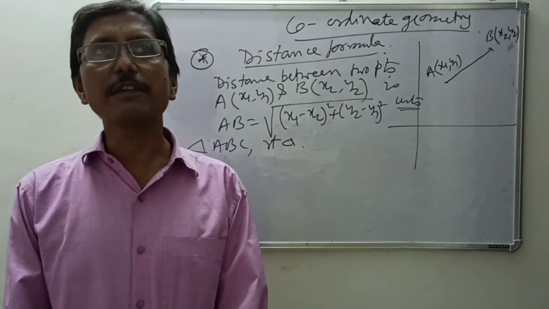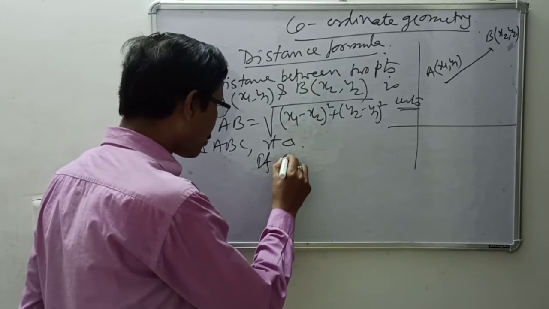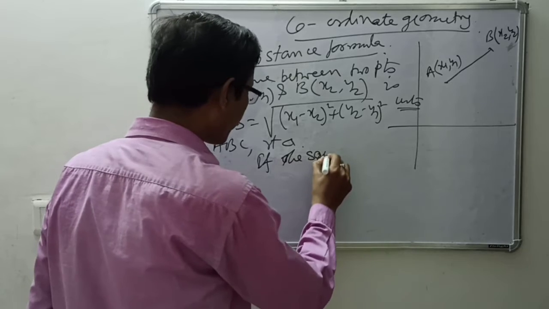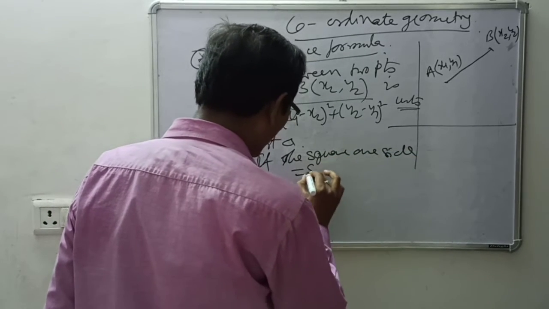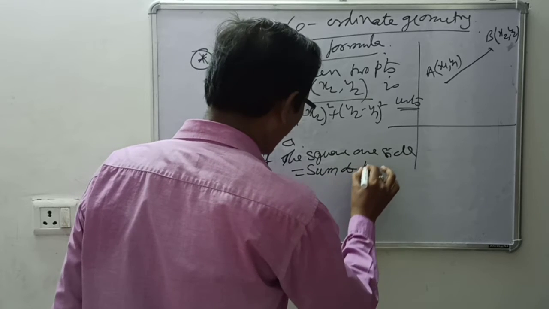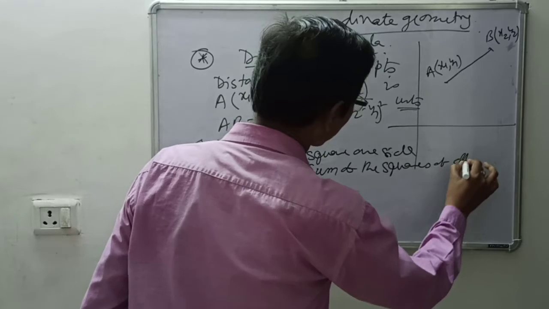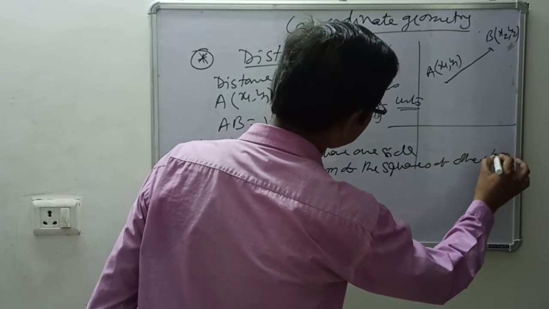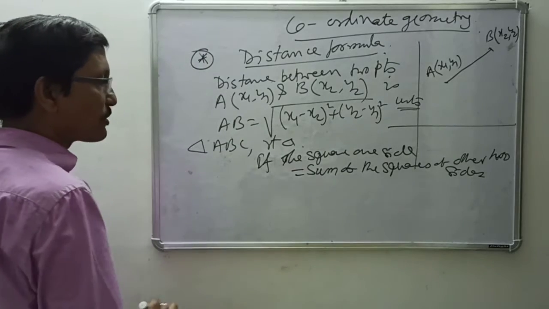And if the square of one side is equal to the sum of the squares of the other 2 sides, then that will be a right triangle.